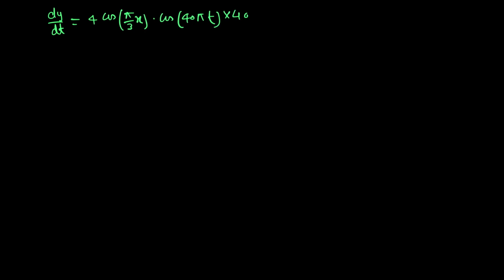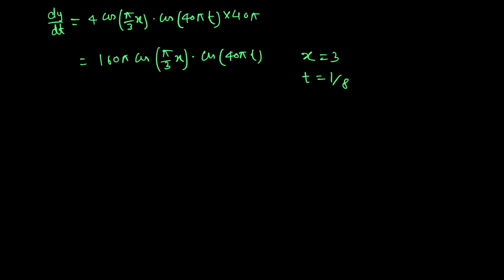And now I have to substitute values. If I multiply the 40 pi in, this will become 160 pi cos pi by 3x into cos 40 pi t. Now in place of x, it's 3 and in place of t, it's 1 by 8, already given in the question.